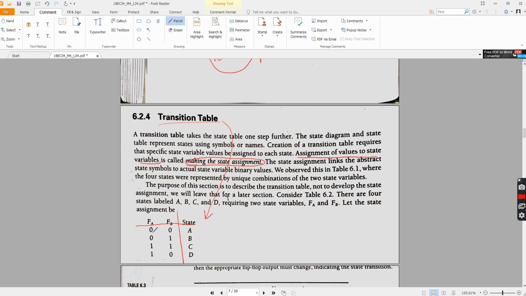What is the table specifying? 0 0 means state A, 0 1 means state B, 1 1 means state C, 1 0 means state D. You can even assign 0 0 for state A, 0 1 for state B, 1 0 for state C, and 1 1 for state D. You can do it that way too, but here he is trying to make some good simplification, that's why he is going for this. Doing it the other way is not wrong either.